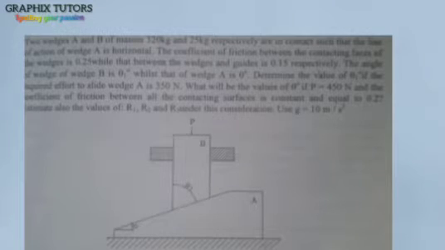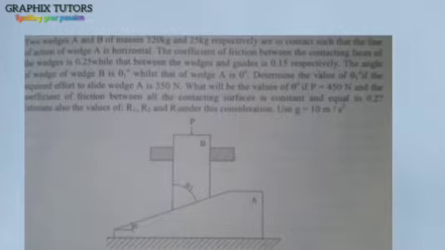And the question you see up here goes like this. It says we have two wedges A and B of mass 320 kg and 25 kg respectively are in contact, such that the line of action of wedge A is horizontal.